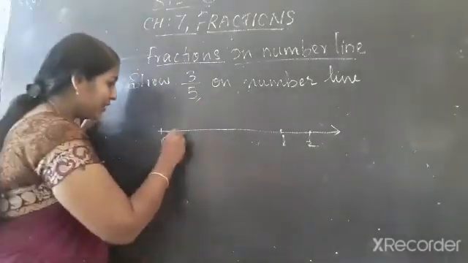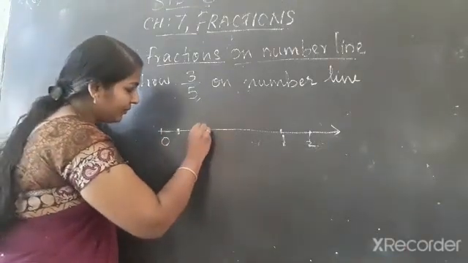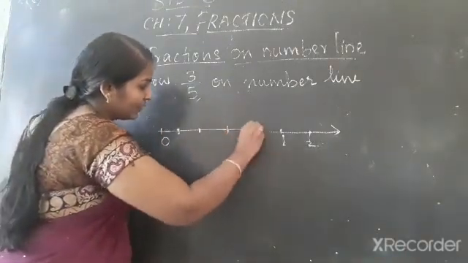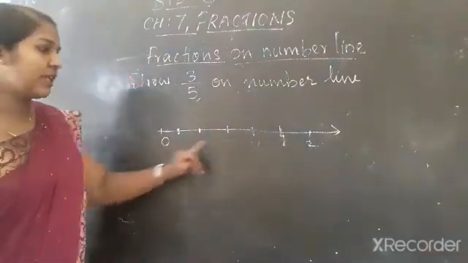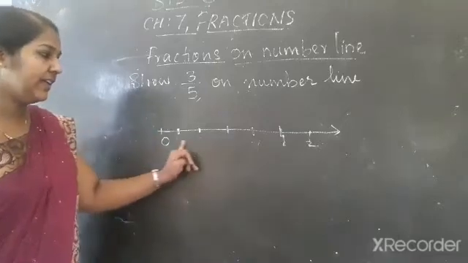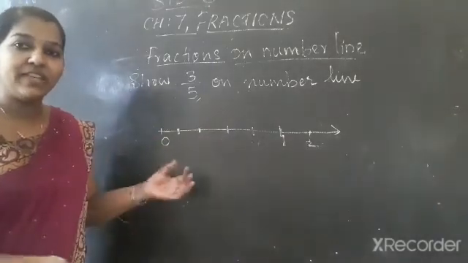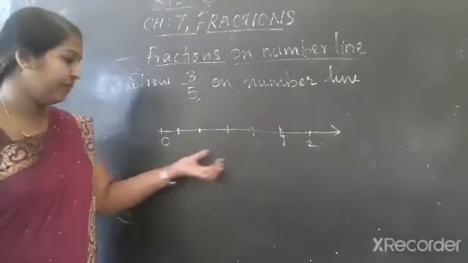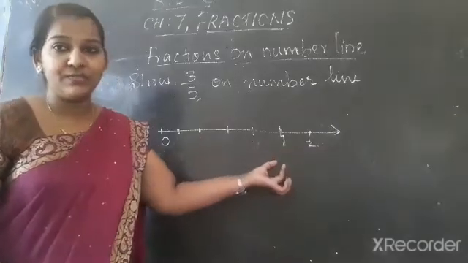That is 1, 2, 3, 4 and 5. So 0 and 1, I divided it into 5 equal parts, or 5 equal divisions, that is 1, 2, 3, 4 and 5. 1 is the fifth one.